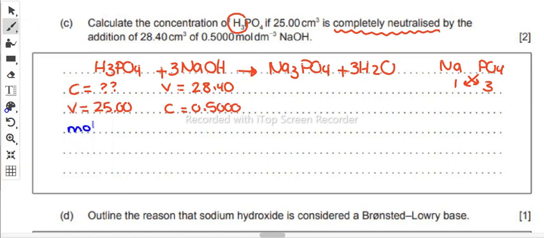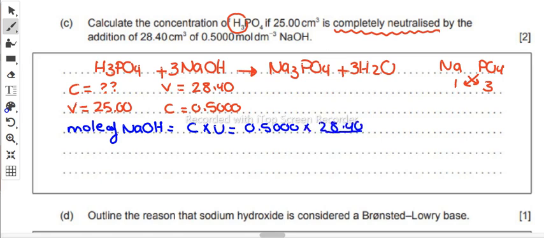I will start with the mole of NaOH, which is the concentration multiplied by the volume, which is 0.5 multiplied by 28.4 divided over 1000. And it is 0.0142.